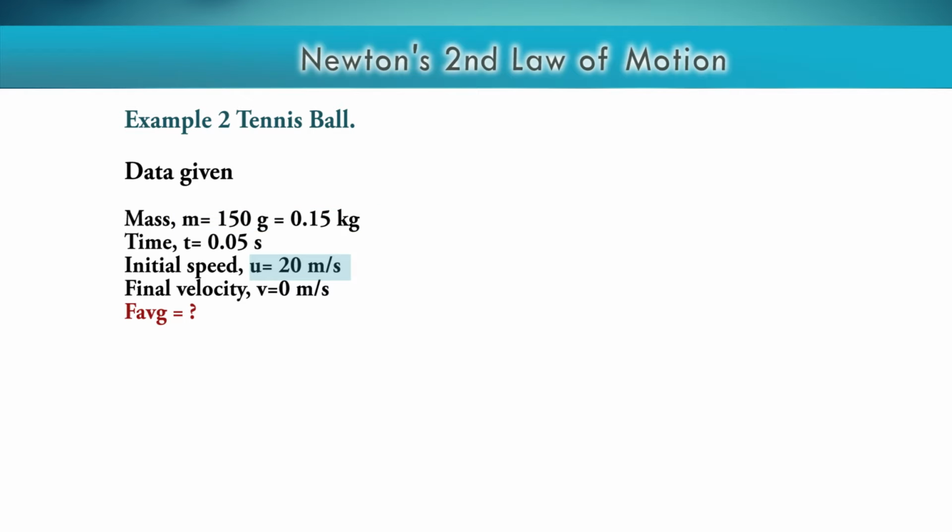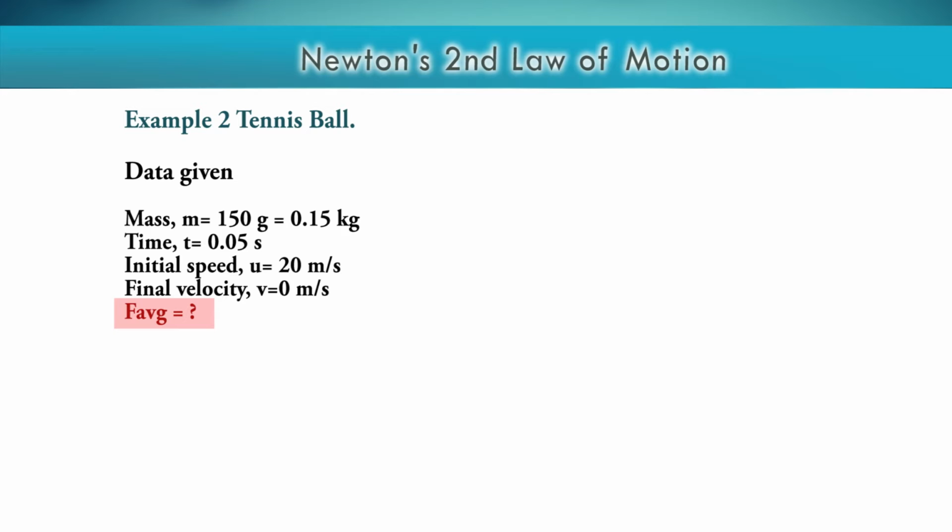The initial speed u is 20 meters per second, and the time t for which the ball changes its velocity from 20 meters per second to 0 meters per second as it comes to rest is 0.05 second. We also have the final velocity v, which is 0.